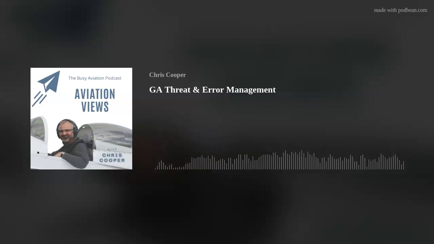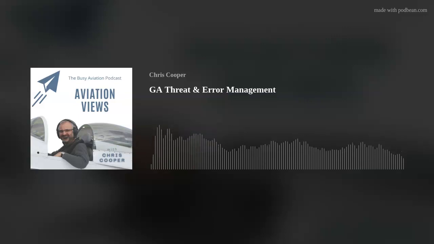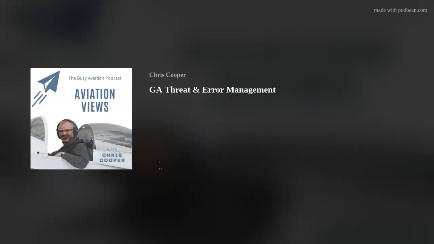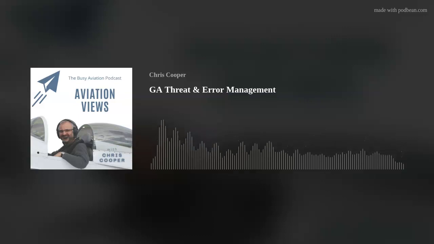So the secret of threat and error management in any sphere of aviation is being able to anticipate these threats so that you can deploy some form of an appropriate weapon, I would say, to counter that threat. We can group some of these into two different types. There's environmental threats, which incorporates all of the ones we've just discussed, anticipated, unexpected, and latent.